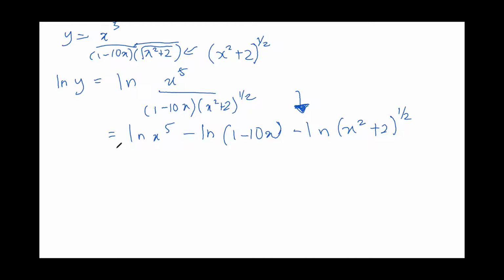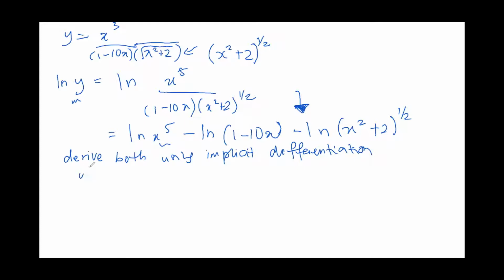Now derive both sides by using implicit differentiation, students. If you remember, I already taught you this in our first slides, derivative 1, how to do implicit differentiation, because we have y here and x here. So we need to finish this question by using implicit differentiation.